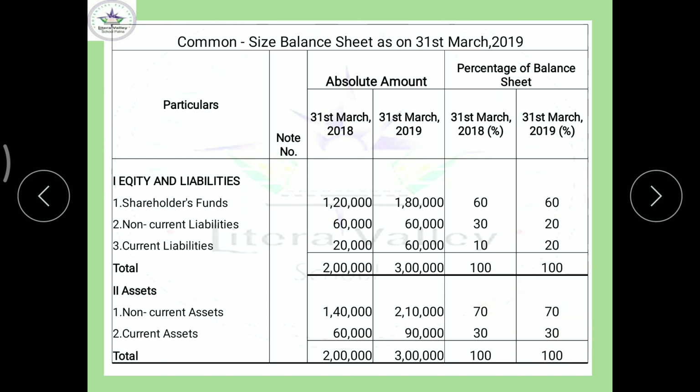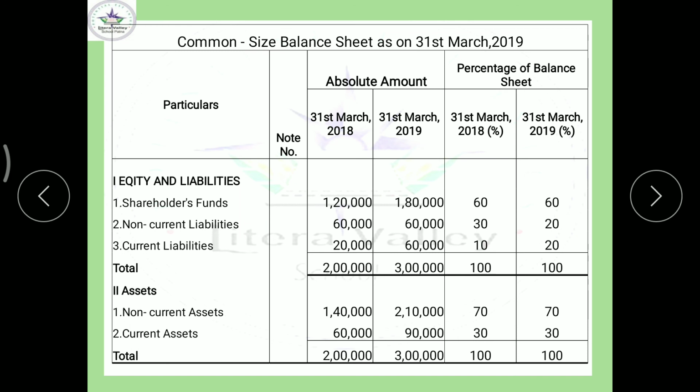Okay, so this is not a confusing thing. Only two things you have to keep in mind. While you are preparing a comparative statement, horizontal analysis is required to be done, and while you are preparing a common size statement, either balance sheet or income statement, you have to just go vertical.